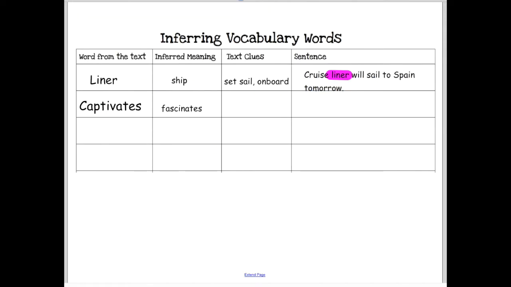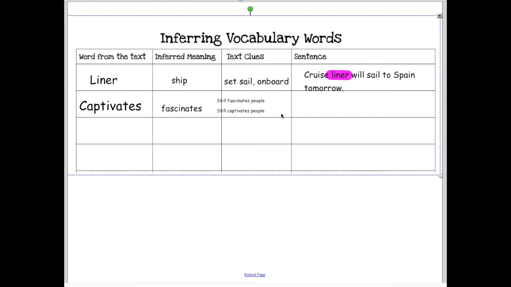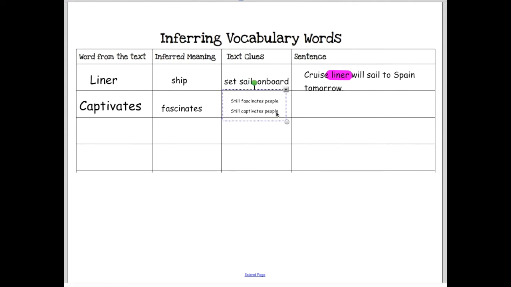So I'm going to write that right in here. Still fascinates people and still captivates people. Okay, the next thing that I need to do, make that fit in this little box here, is to use the word in the sentence.